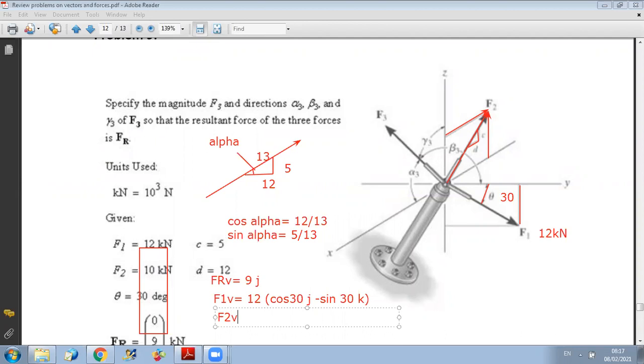So now, when I want to express F2 as a vector, I can just write that the F2 vector is equal to 10, which is the magnitude, times the unit vector. The unit vector is given by cosine alpha and sine alpha.